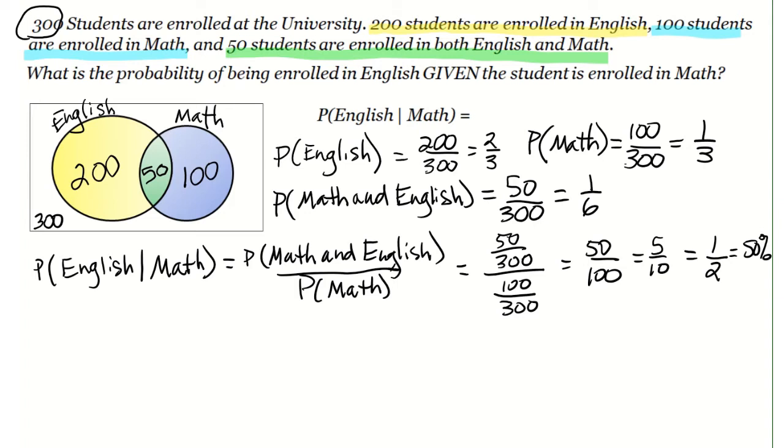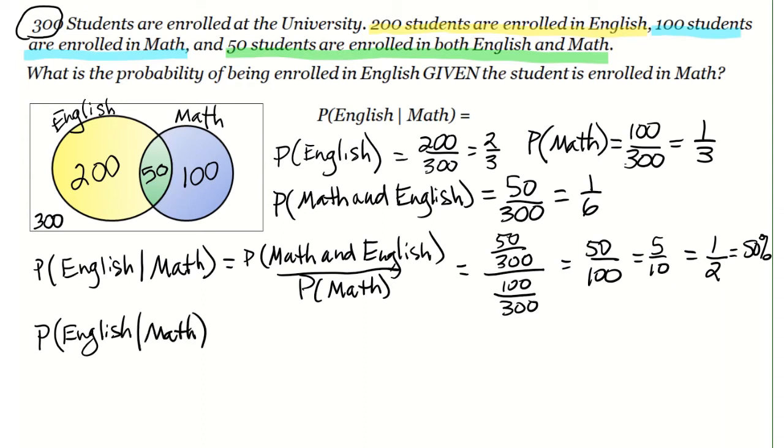Now, if you'll notice on your Venn diagram, we can do the same thing using the Venn diagram, where we write this down, English given math.